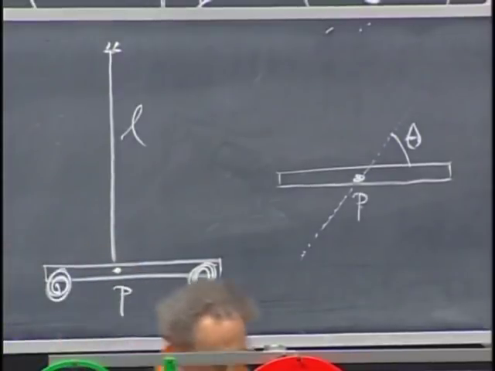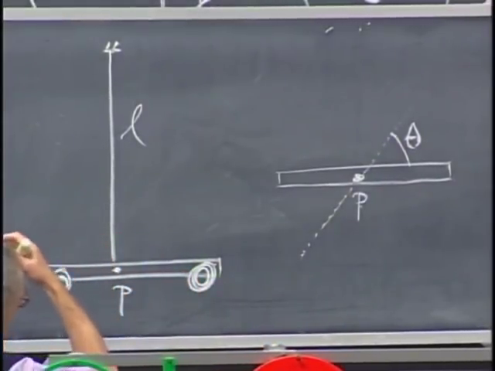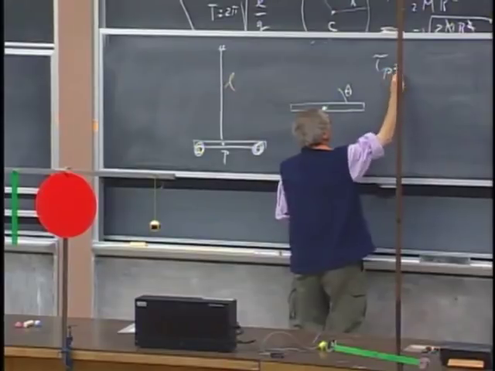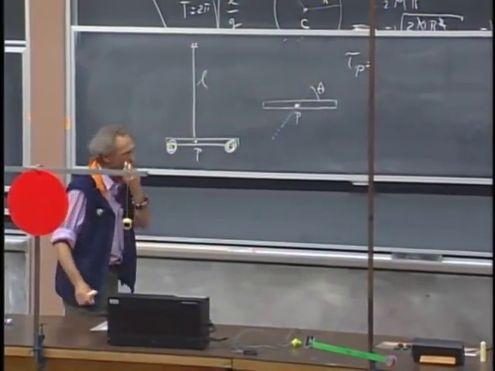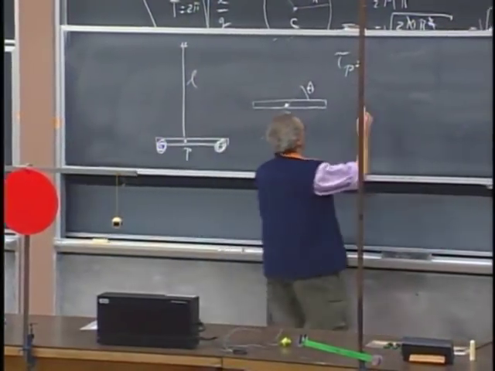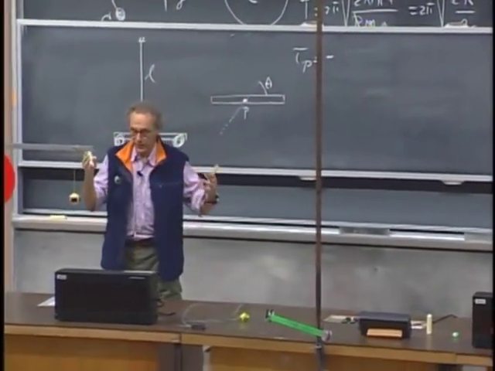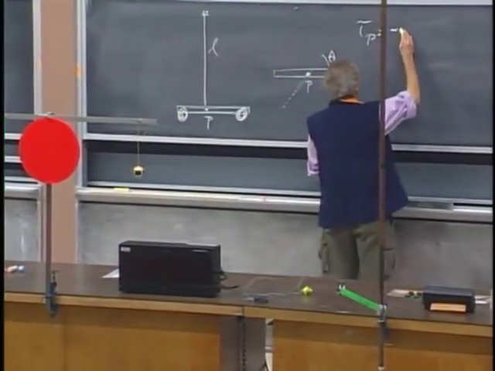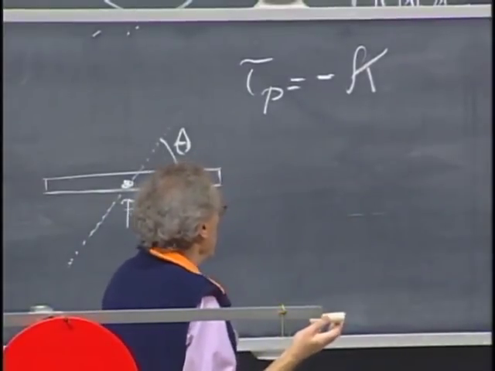The torque relative to point P is now very similar to what we had with a spring. We have a minus sign. Again, that illustrates that it is restoring. Instead of a K now, we have kappa, which is what we call the torsional spring constant.